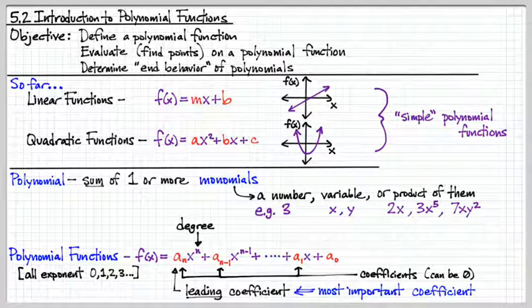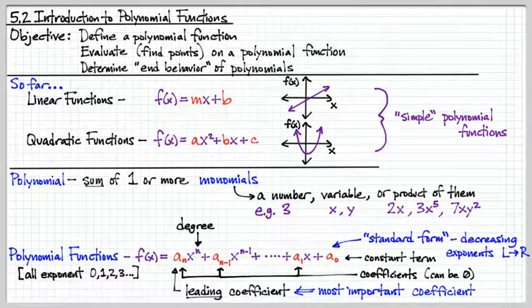The leading coefficient and the degree are very important in understanding the behavior of the polynomial function. We write it in standard form when we write it from highest degree term to the lowest degree term. So this is our standard form of a quadratic, and the standard form for a linear function.